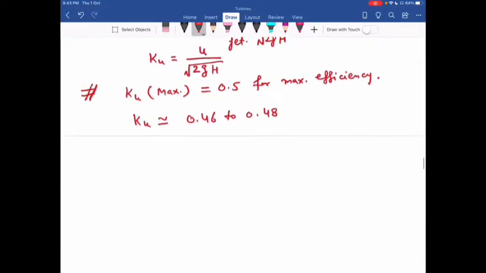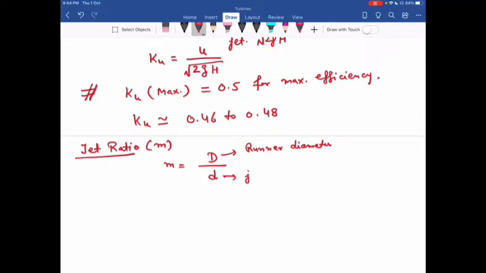Then next is the jet ratio. Jet ratio is small m, and it is the ratio of the diameter of the runner to the jet diameter. So this is the runner diameter, and this is the jet diameter.